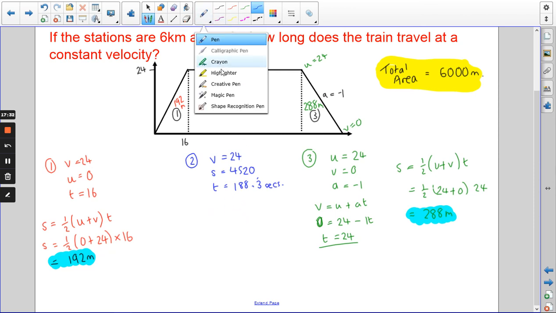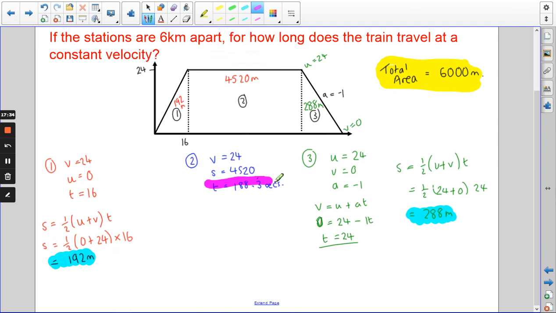Our final answer is there, 188.3 recurring seconds. I could even add up the total time it takes for the train to go between the 2 stations, if I added up that 16, that 24 and the 188.3. But the question said how long to travel at constant velocity, so that is actually our answer there, 188.3.